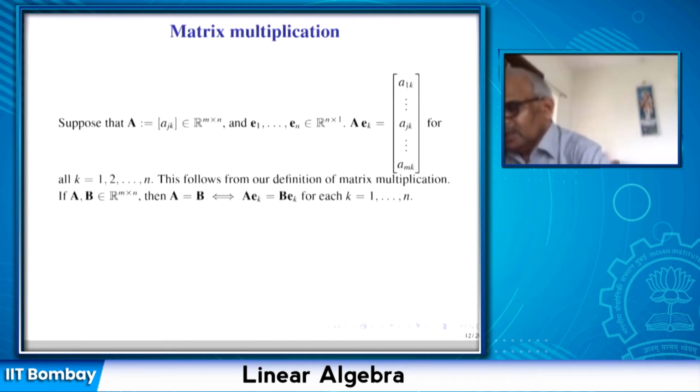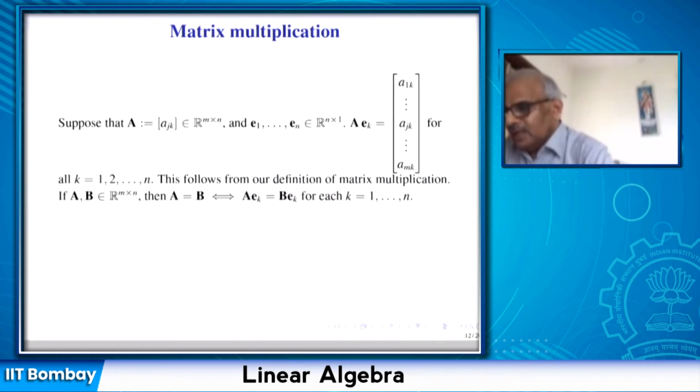So think of this A and B as dynamic objects, right? They are defining functions. A is an m by n matrix. It takes input as vectors in Rn and output as vectors in Rm. So if the action of A and B coincides on the basic column vectors, and basic column vectors are analogs of, in three-dimensional space, the unit vector in the x direction, which is i, the unit vector in the y direction, which is j, and the unit vector in the z direction, which is k.